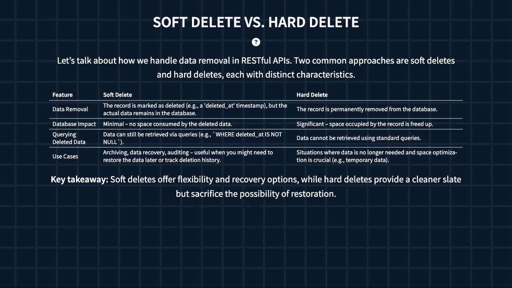This is great for things like archiving or auditing. On the other hand, a hard delete permanently removes the record from the database. It's gone. This frees up space and simplifies queries, but you lose the ability to recover the deleted data. Which one you choose depends on your specific needs. Do you need a way to potentially bring data back, or is it okay to just get rid of it completely?